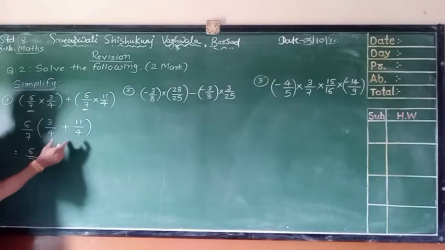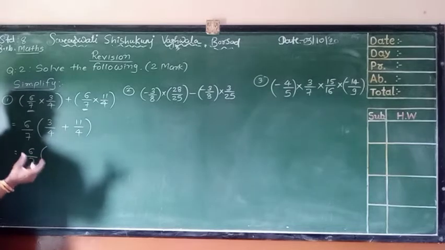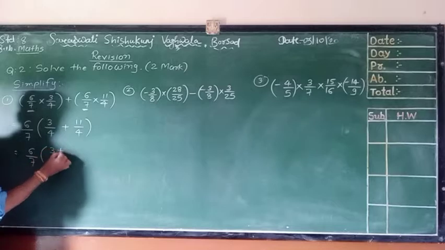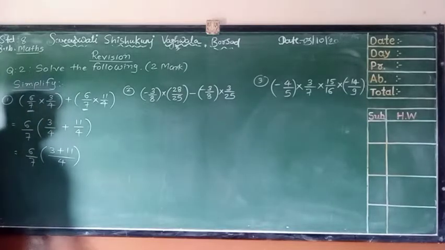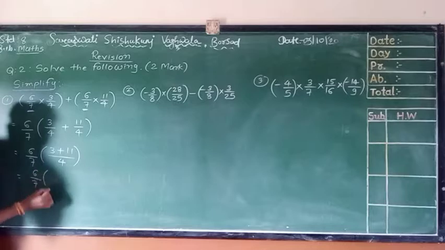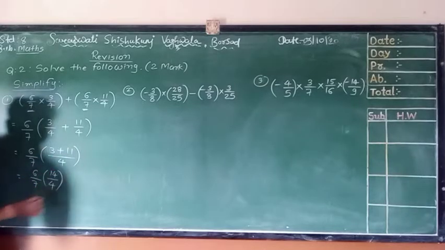In this small bracket 4 is the LCM, and both denominators are the same. If both denominators are the same, then we can simply write the numerator 3 plus 11 by 1 time LCM 4. Is it clear beta? Okay, good. Now 6 by 7 and here 11 plus 3, 14 by 4.